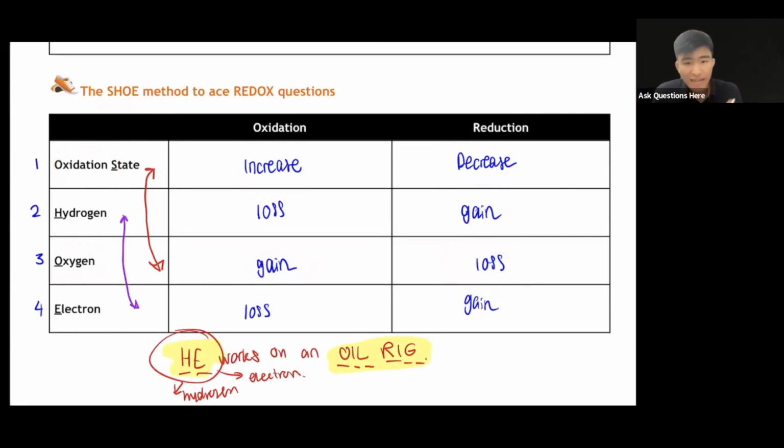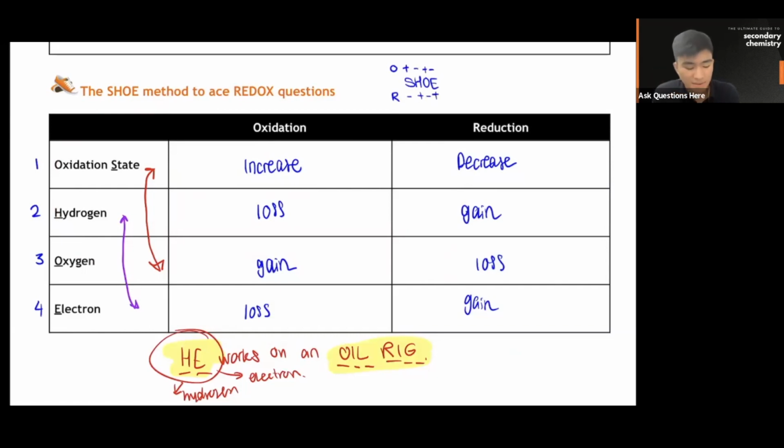Now in exam, I don't want you to spend time writing out this table. It's really very time consuming. For some students who like to save time, just write SHOE out. Write O on top, R below. Then you put plus, minus, plus, minus, minus, plus, minus, plus.